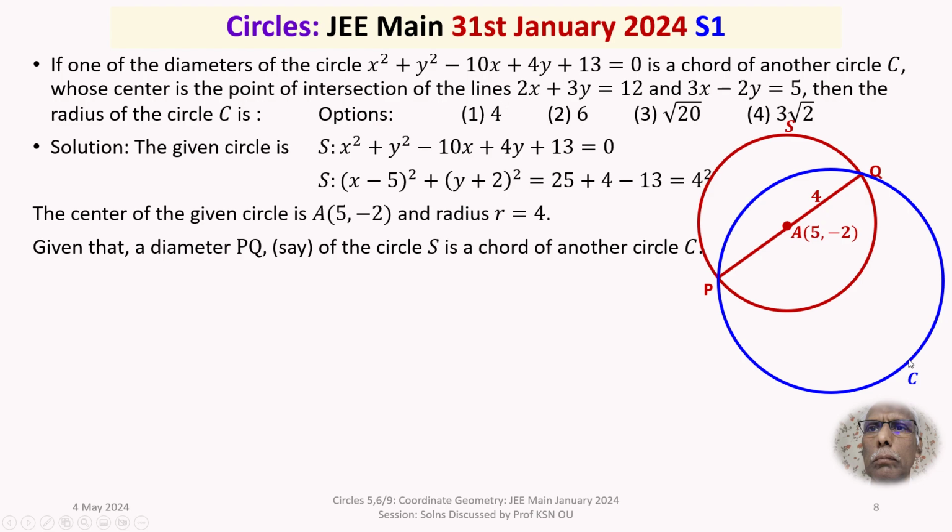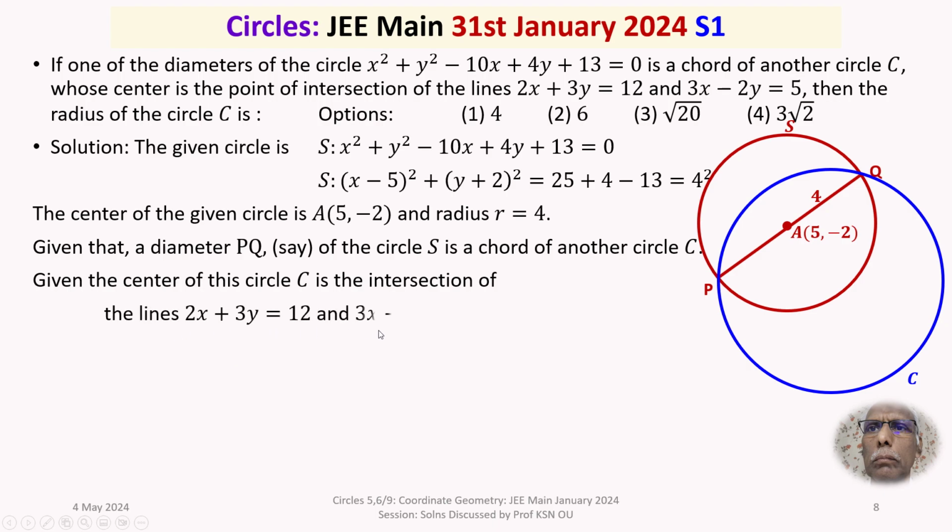Another circle C. Right. Given the center of the circle C is the intersection of two lines. These are the two lines. So take these two lines and solve for it. Then you will get the coordinates of the center of this circle C. Right. So the center of this circle C is the intersection of these two lines. On solving, you will get x is equal to 3, y is equal to 2. And that will be the center.